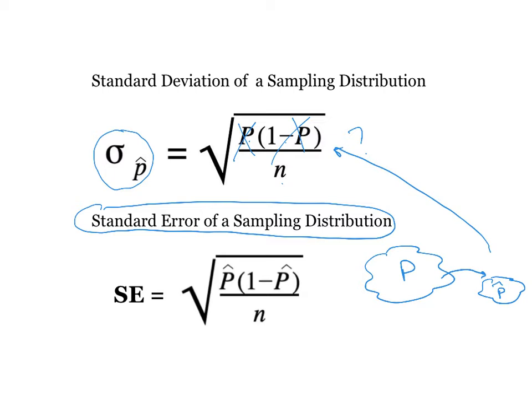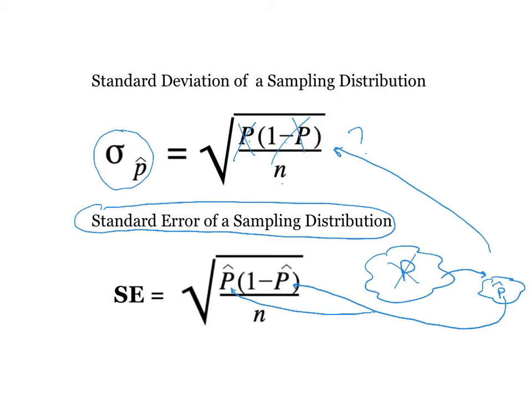So we can't use p since we don't know it. Our next best guess at the value of p would be p-hat. So instead of using p, we use p-hat. And when we replace that p with p-hat, that is now called the standard error of the sampling distribution, and is no longer the standard deviation of the sampling distribution.